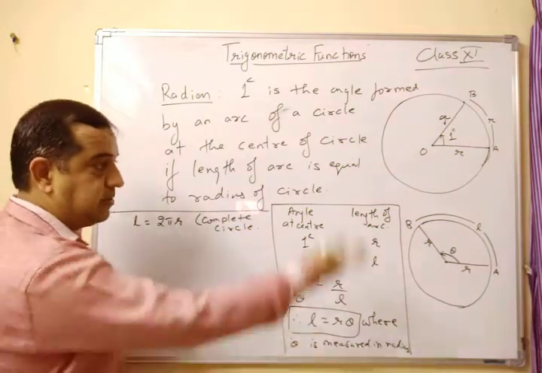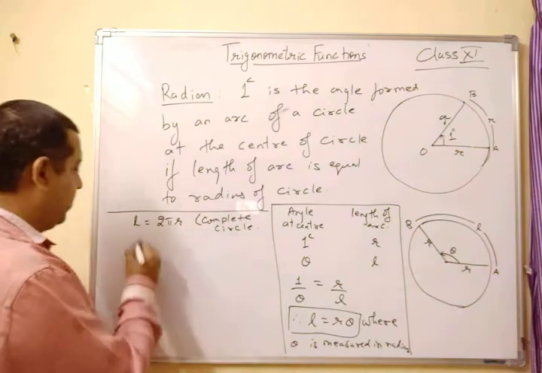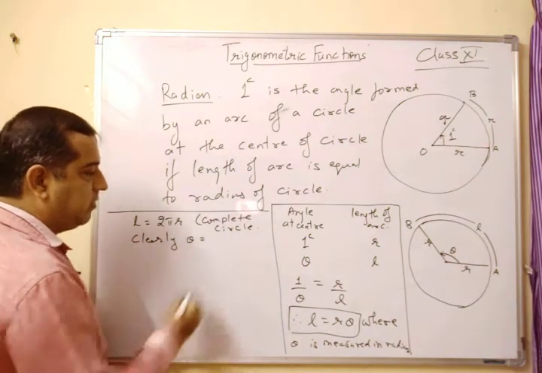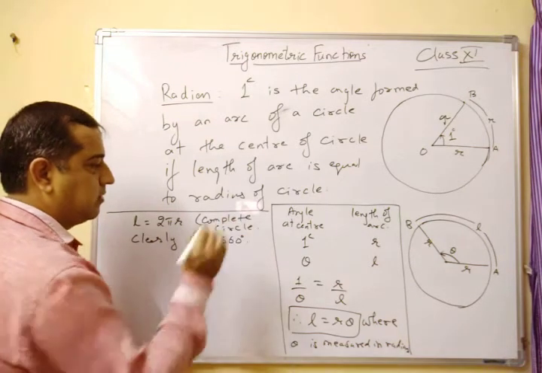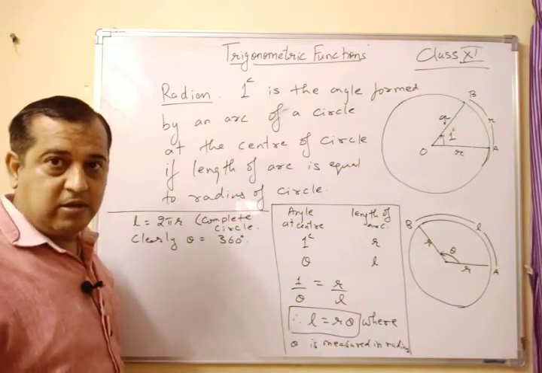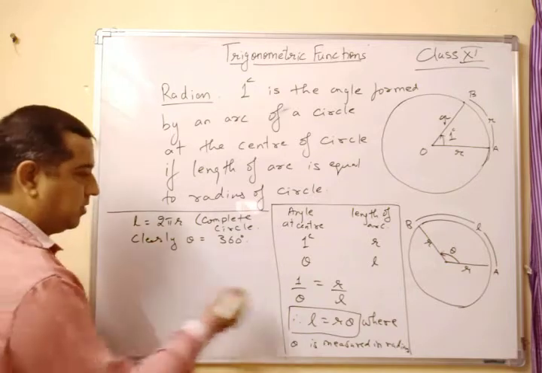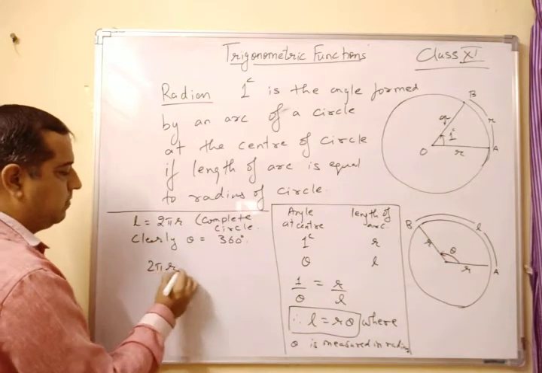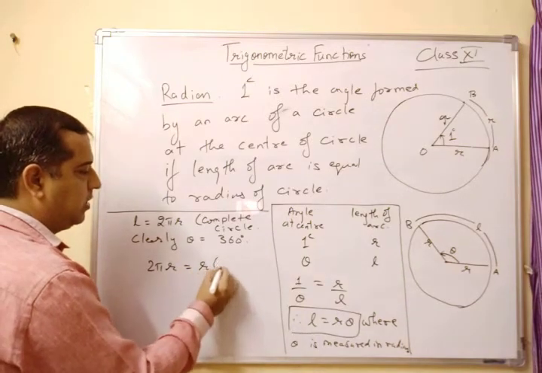We have taken the length as 2 pi r, meaning it is the complete circle. Okay, in that case clearly theta will be 360 degree. Okay, now see, putting values here, what do you get? You get L is 2 pi r. Okay, this is equal to r into 360 degree.